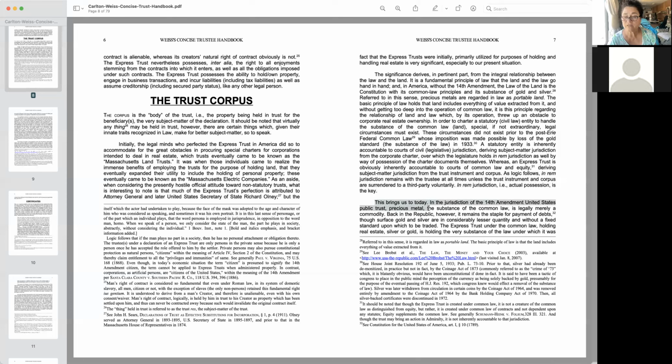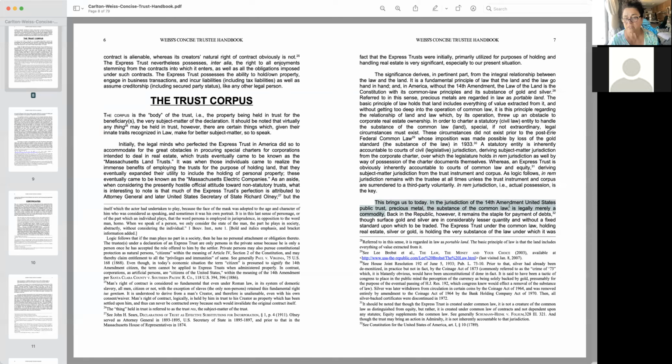In the jurisdiction of the 14th Amendment, United States Public Trust. Oh, precious metal. Oh, the substance of the common law is legally merely a commodity. So, like I had heard that this 14th Amendment thing, we don't want to be claiming to be a 14th Amendment person because the 14th Amendment was never ratified.